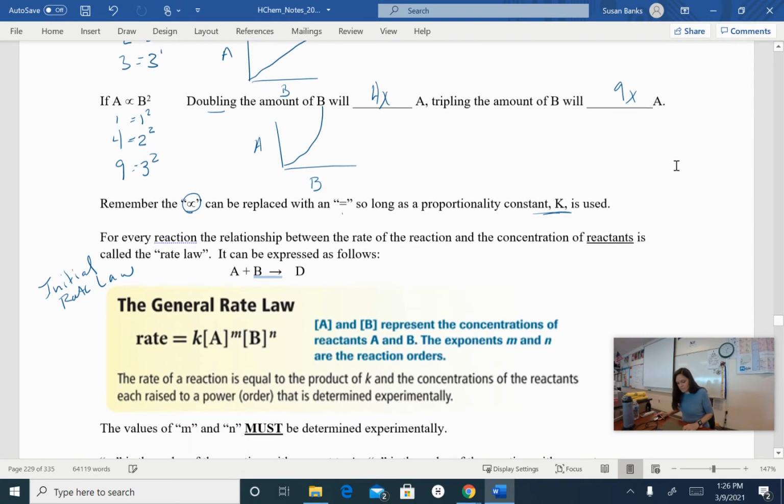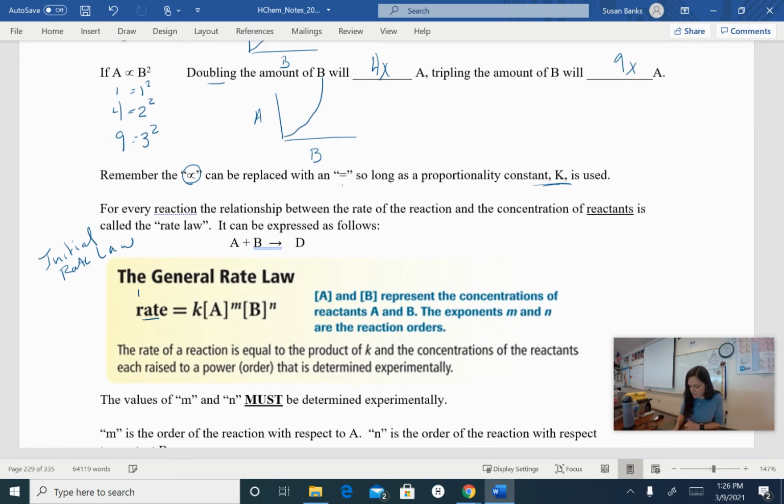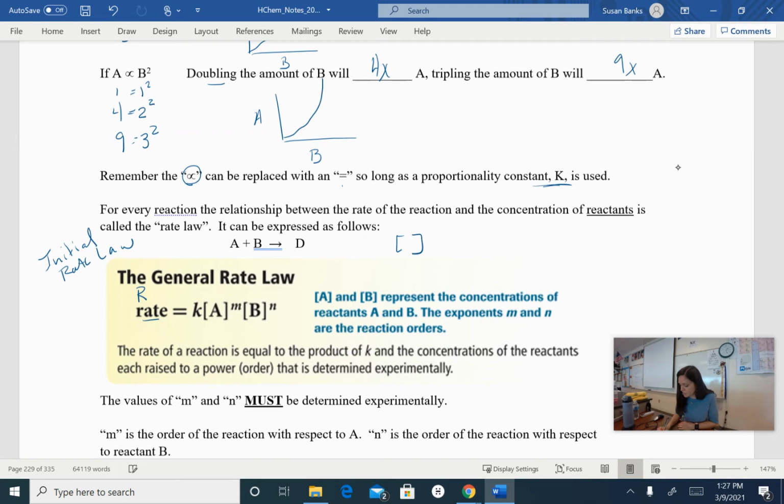the rate, and sometimes this is symbolized with a capital R, is equal to K, which is our rate constant for that reaction at that temperature. They are temperature specific, multiplied by the concentration of A. Remember, these square brackets mean concentration, molar, or moles per liter.